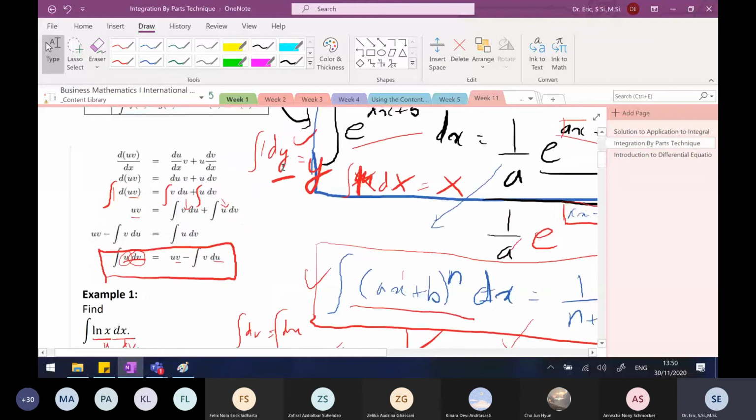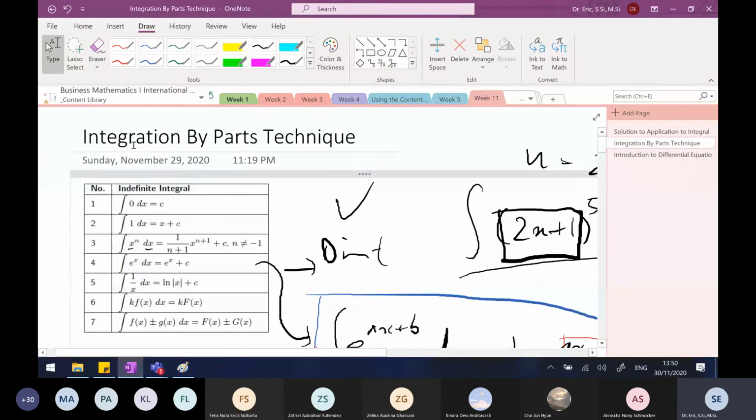For integration by parts, you can just memorize this and choose wisely what is u and what is dv. Some questions can be worked by using integration by parts and substitution. And if you are faced with that question, I advise you to choose the simpler one, that is the substitution method.